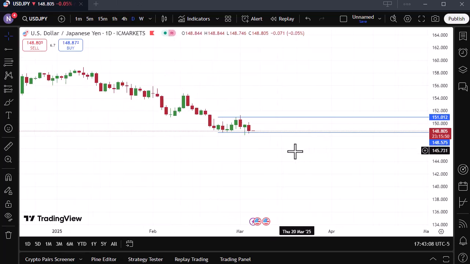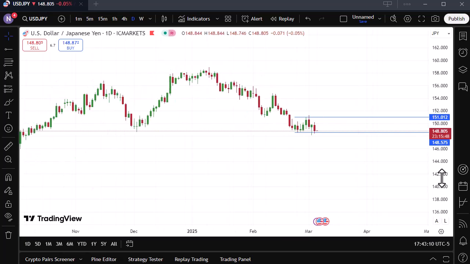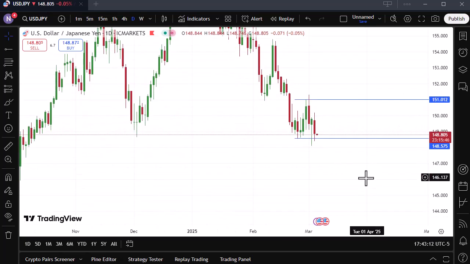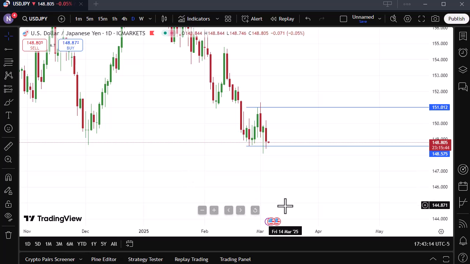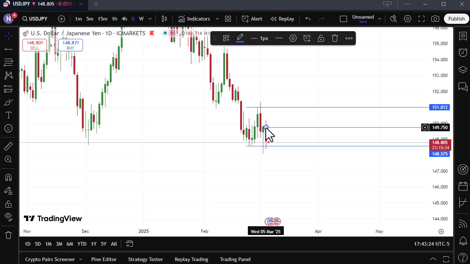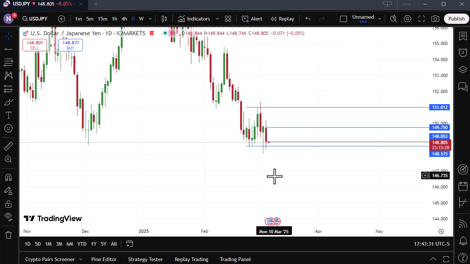Okay, let's go to the daily time frame. We are on the daily time frame now. As you can see from the daily time frame, this one is yesterday's candle. Yesterday's candle was coming down. So we have to draw down to this yesterday's candle.